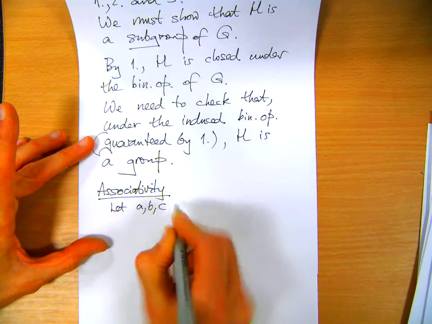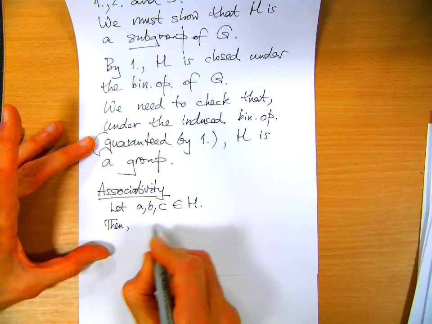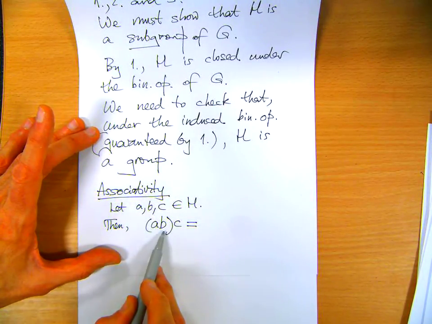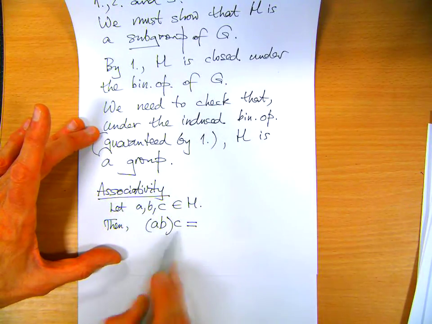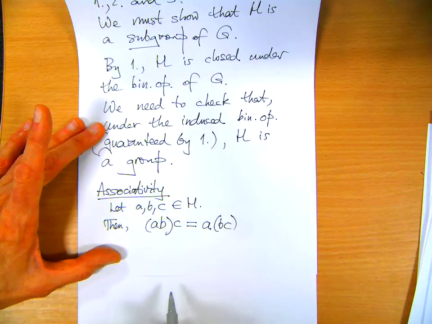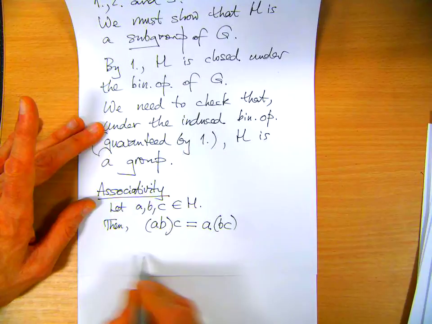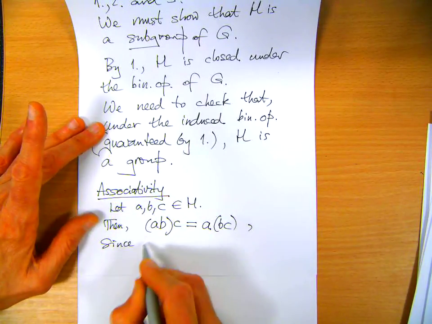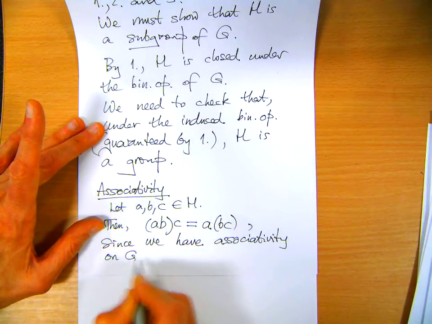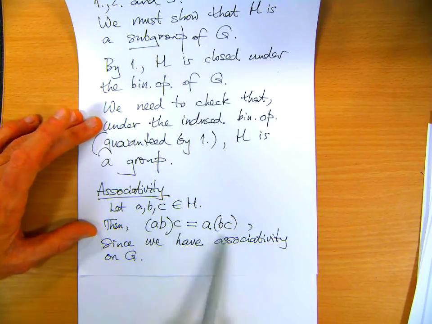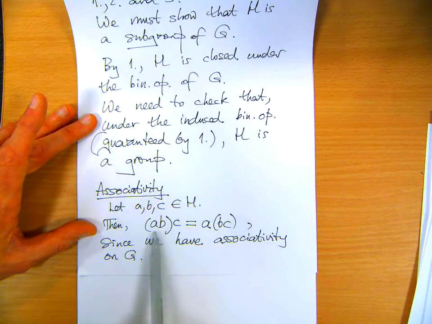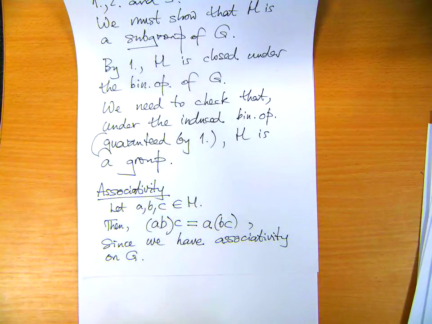So let A, B and C be in H. Then if we do A, B, C, thinking of this as a binary operation applied twice in big H, well, we can also think of this as in big G, and we have associativity in big G. We can immediately write it like this, and then interpret the whole thing as an equation in big H. So that's since we have associativity on big G, and also using the fact all the way along that the binary operation on big H is just induced from the one on G. So when A, B and C are in big H, then this is also the same as the corresponding thing in big G. So associativity we essentially get for free.